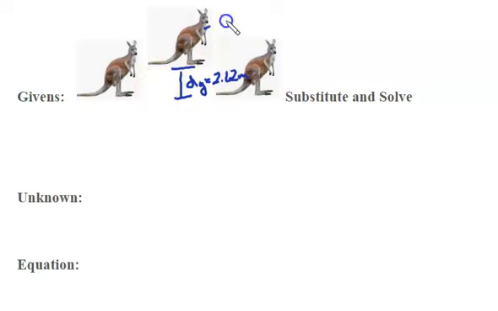But do we know something about the kangaroo here? Velocity final is 0 meters per second. And because we're on Earth, we know that acceleration due to gravity is a very specific number, negative 9.8 meters per second squared.